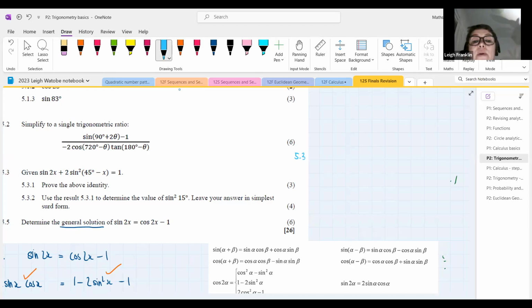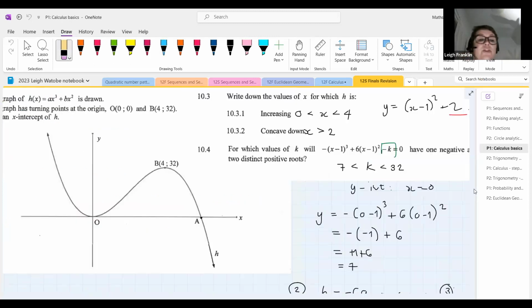So in 5.3.1, they want us to prove that the left-hand side is equal to 1. Okay. So sine 2x plus 2 sine squared 45 minus x. Oh, yes. Okay. So maybe we should go back and do that question, the one we were talking about.